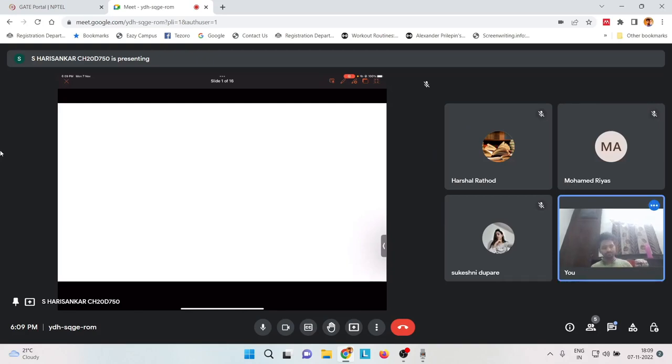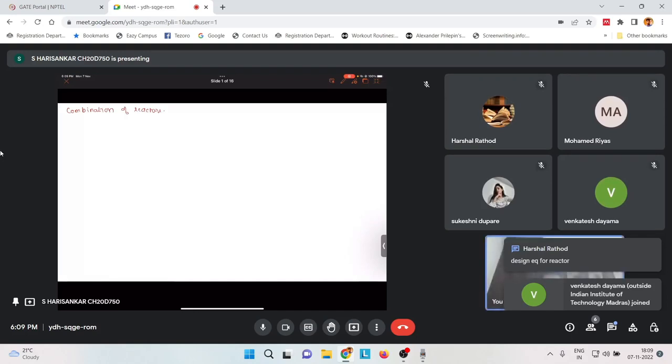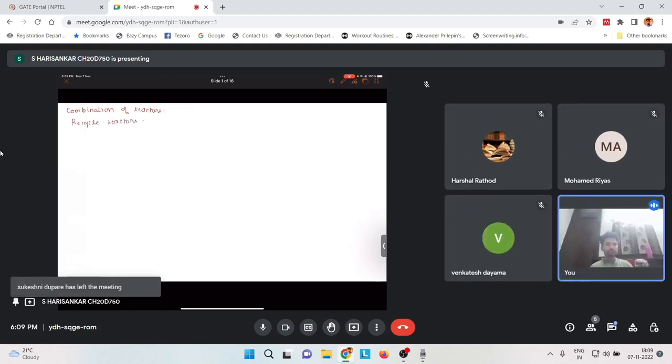So, last class we learned, I think, about combination of reactors. And then we learned about recycled reactors. So these were the two main topics from last class.